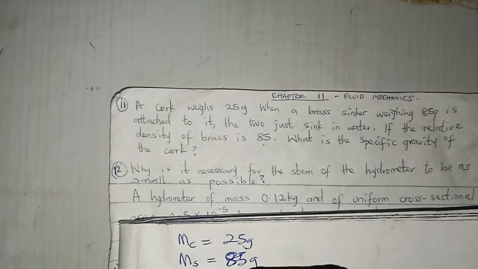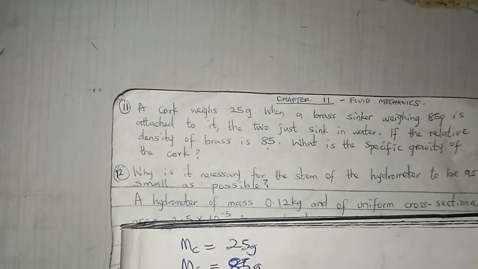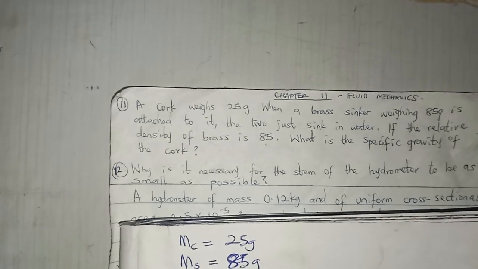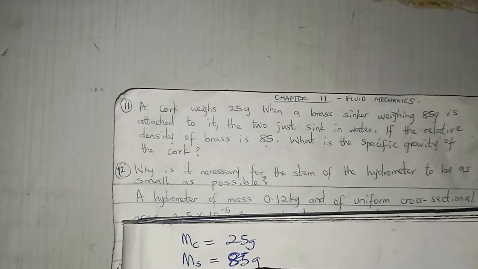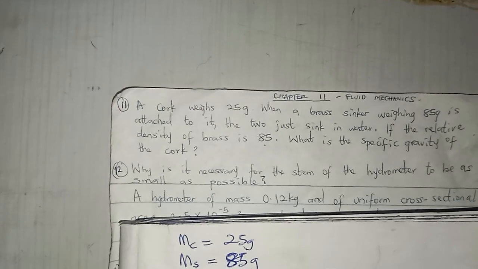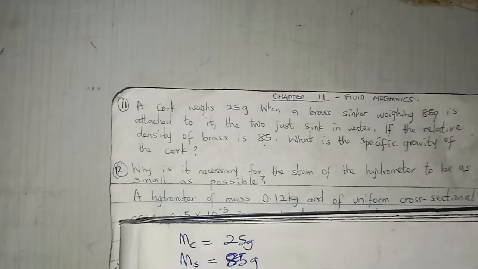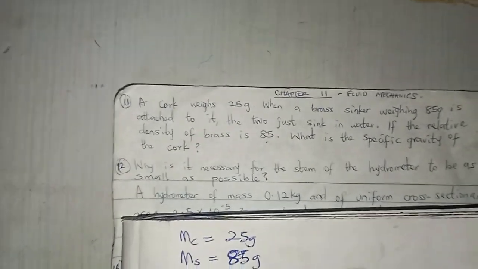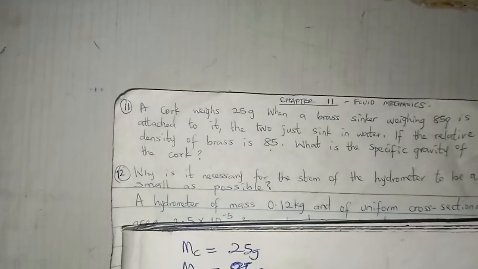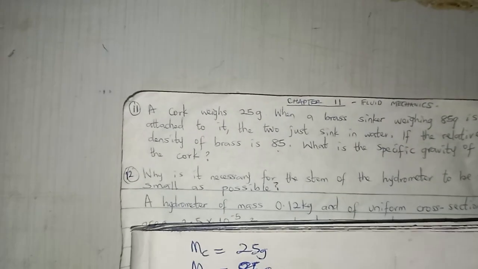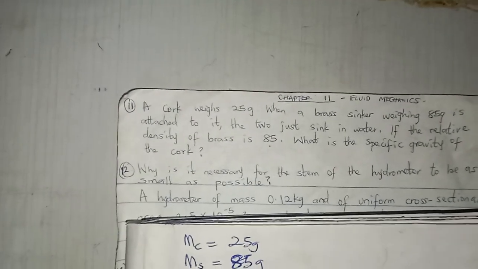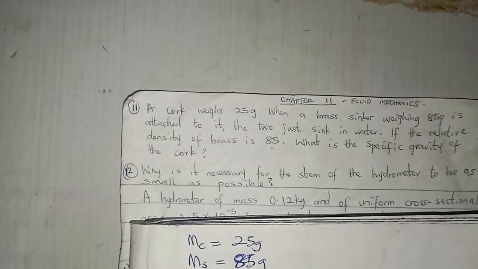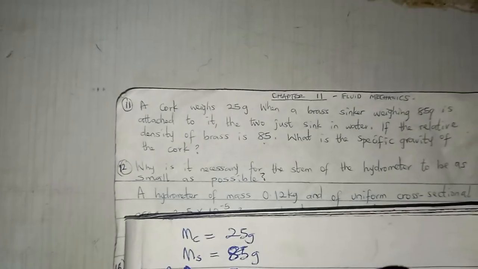So the density of the sinker, the brass, is 8.5. Sorry, this is relative density, not just density. Yes, the relative density of the sinker is 8.5. The relative density of the cork is what we don't know.